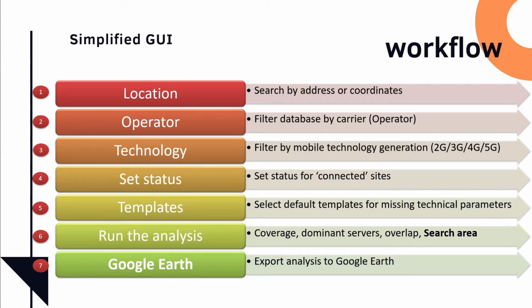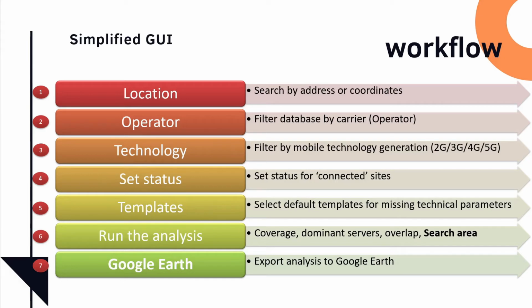Second, we can filter by operator. Third, you can do technology restrictions. For example, you want to restrict your culling to 2G or 3G or 4G or 5G. So reduce the number of sites produced in the process. Step number 4, you need to set the status. So this status could be done automatically or manually, okay, depending on your coordination level with the operators.